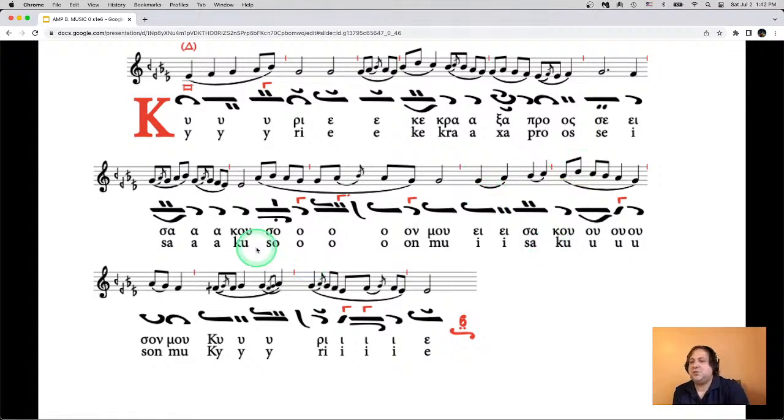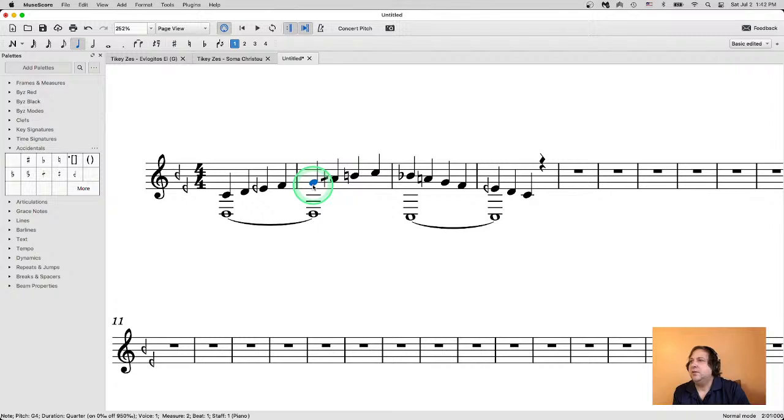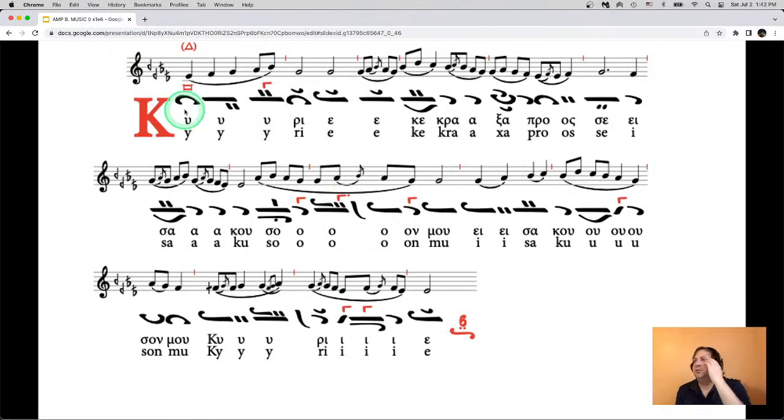So here's just a quick exercise on second mode, soft chromatic. So that's how it sounds in soft chromatic.